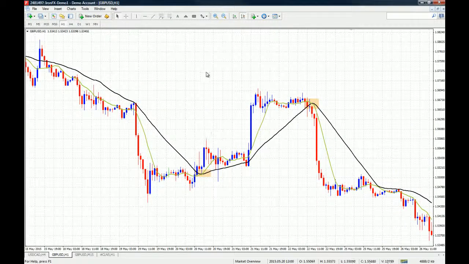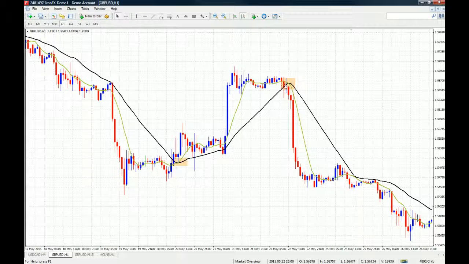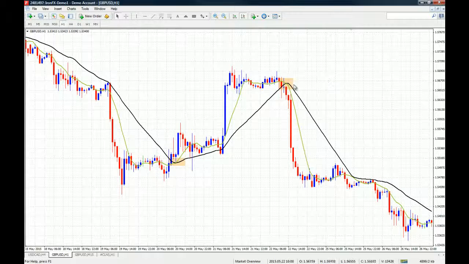So we are looking for a short opportunity, and we have one right here, when the signal moving average, which is the 9 period simple moving average, crosses below the slow moving average, which is the 27 period MA.